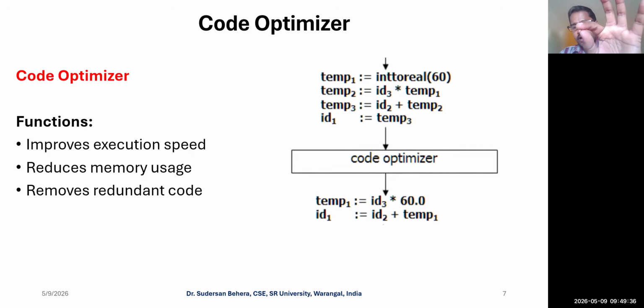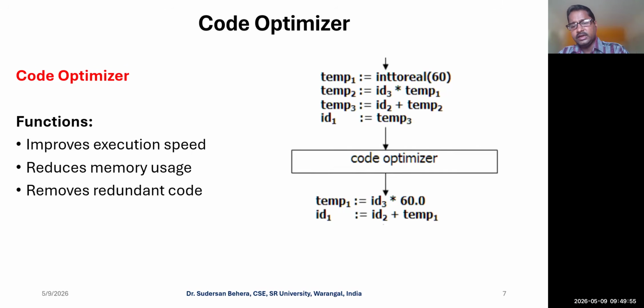Now temp1 becomes 60.0. Then temp1 equals id3 into 60.0. One line statement is over.